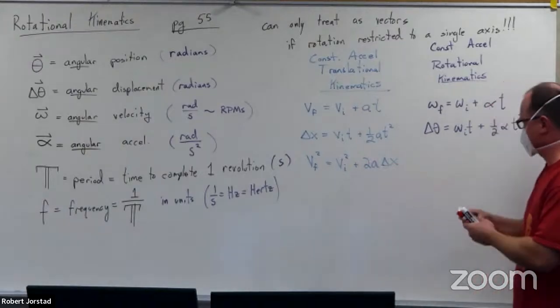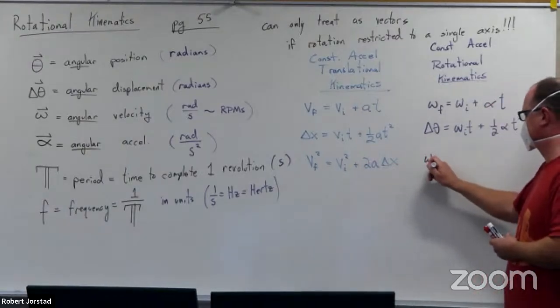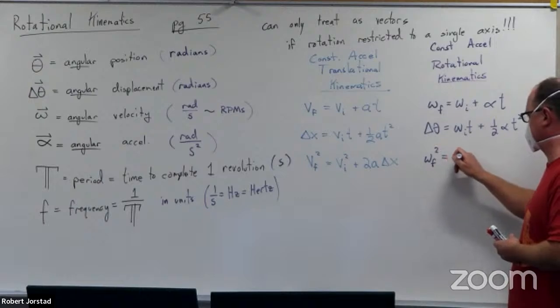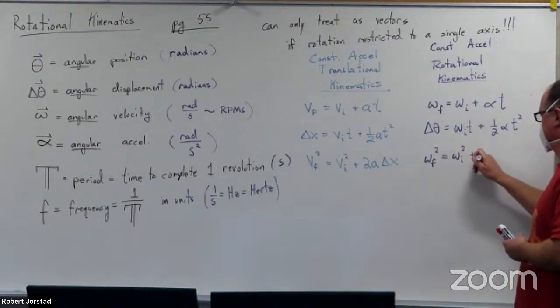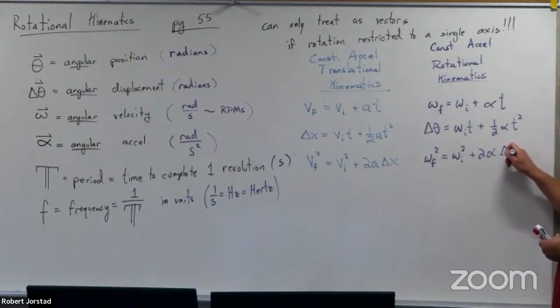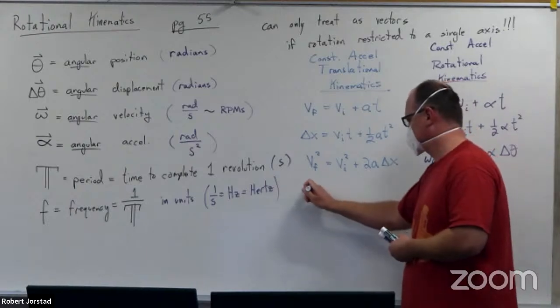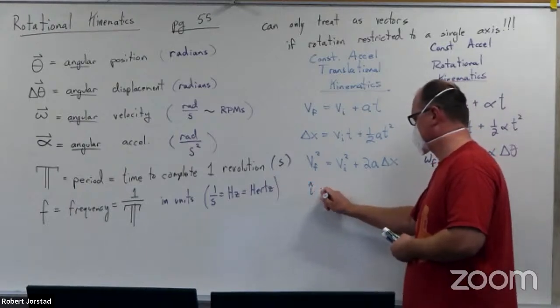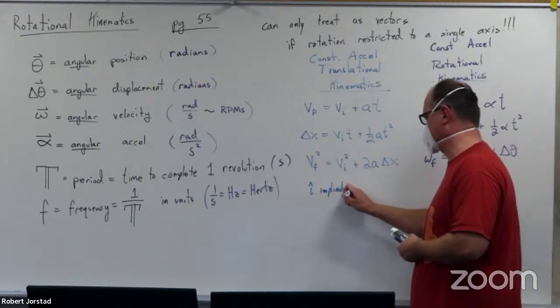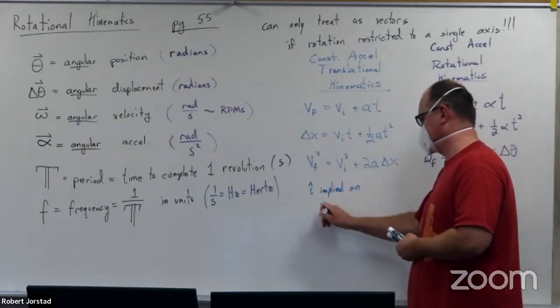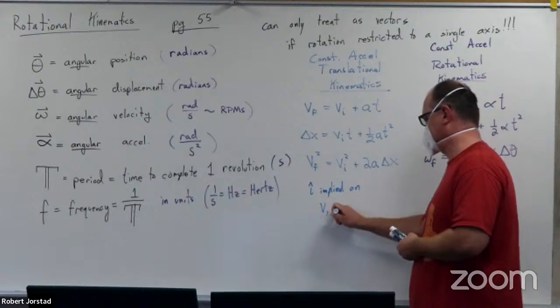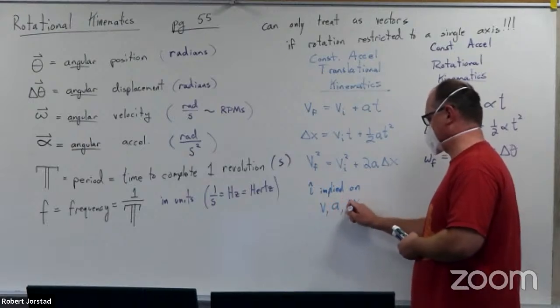And let's finish this out. This should all be on your handout. Okay. And here, I just want to point out, remember on all of these, there was an I hat implied on V, A, and delta X. Do you remember that?